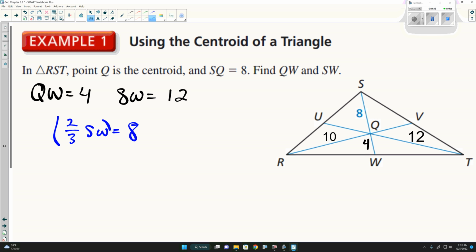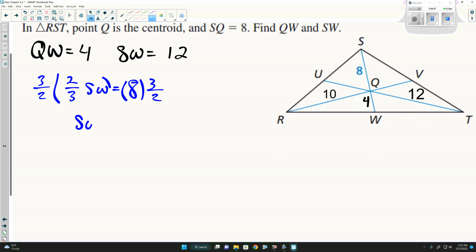And we could multiply both sides by 3/2. We could say 8 times 3 is 24, and 24 divided by 2 is 12. But really, if I have the big and small segment of the line, we do have the whole.